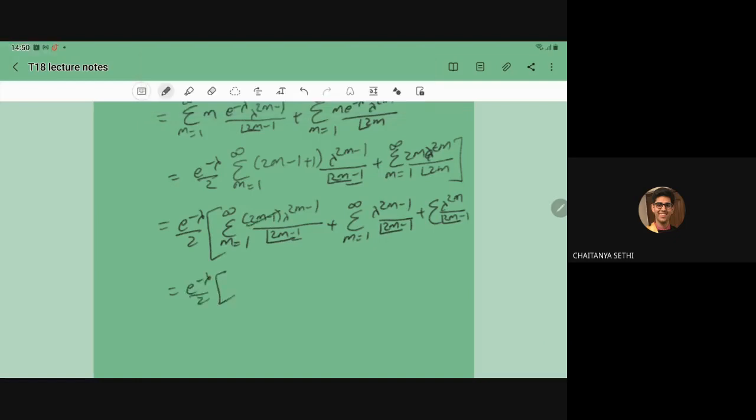Now if you cancel this, it will become 2m minus 2, and here we have already cancelled this. If you cancel this we can write 2m minus 1.